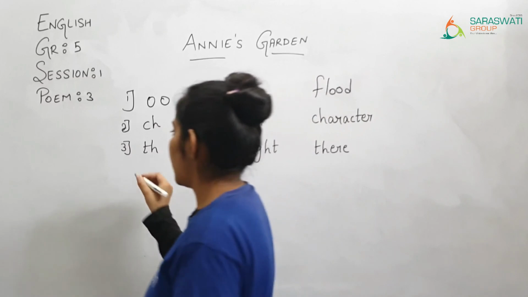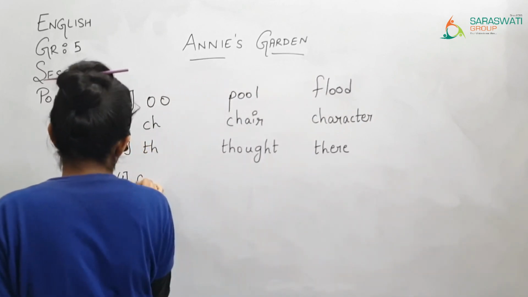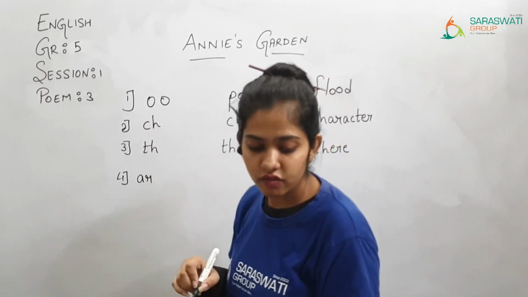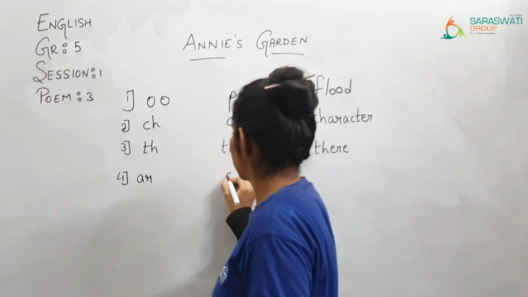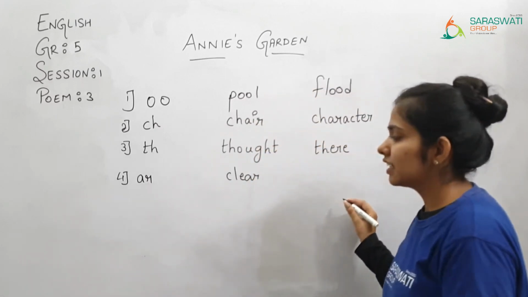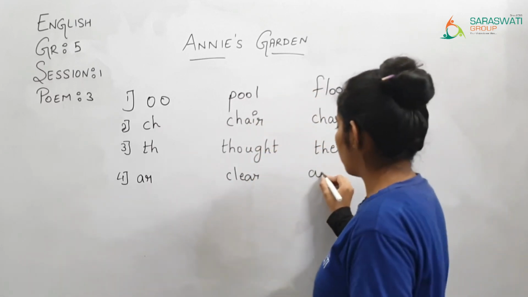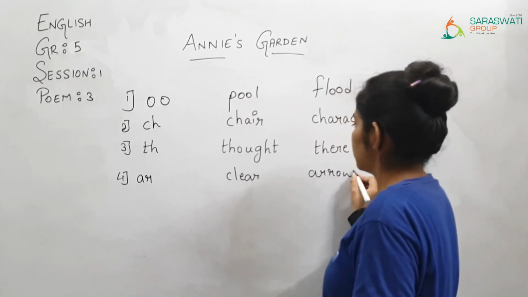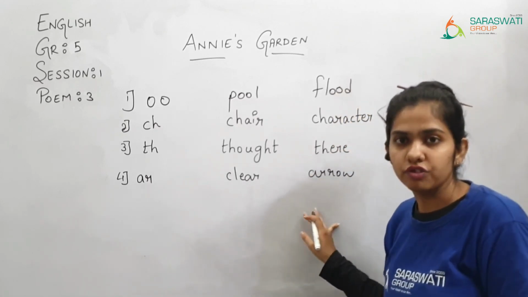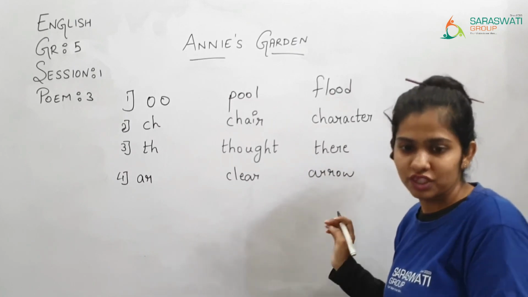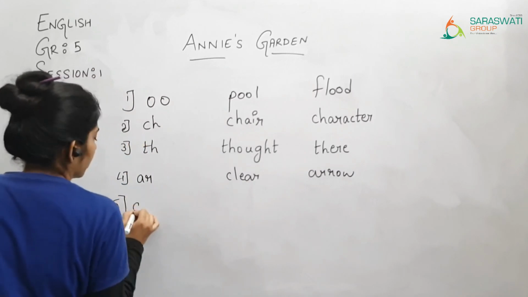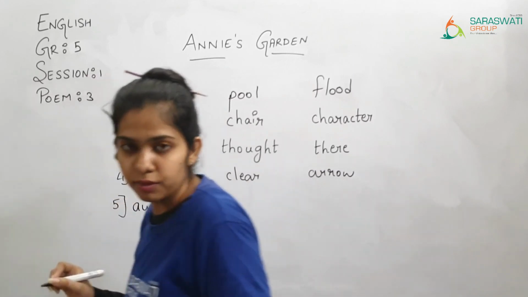Then afterward AR, right? For AR we are going to write clear, then arrow. This is the air sound, arrow. We are not speaking arrow with the other sound, right? Then afterward AW.